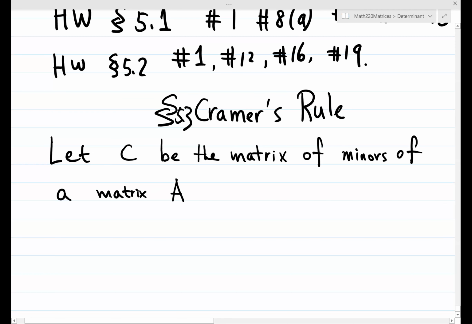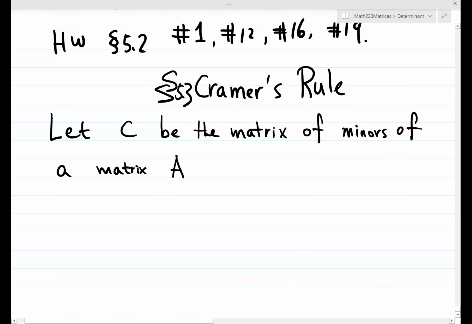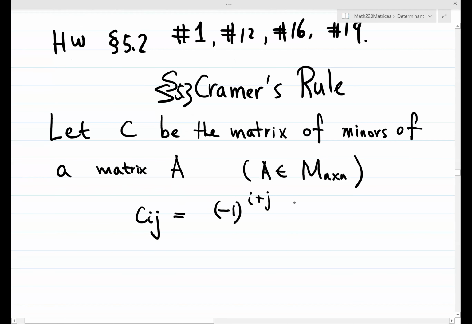If A is an n by n matrix, then the Cij entry will be (-1) to the power i plus j, row number plus column number, times Mij.